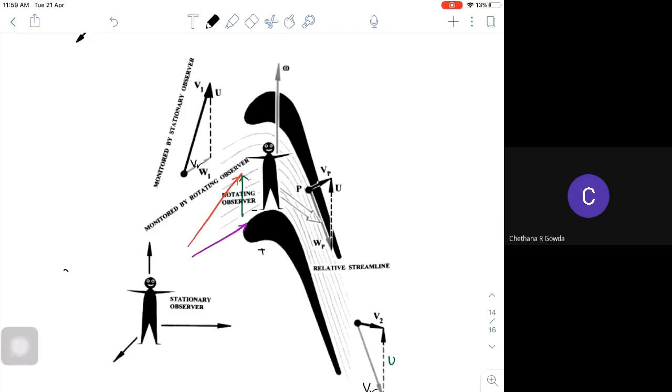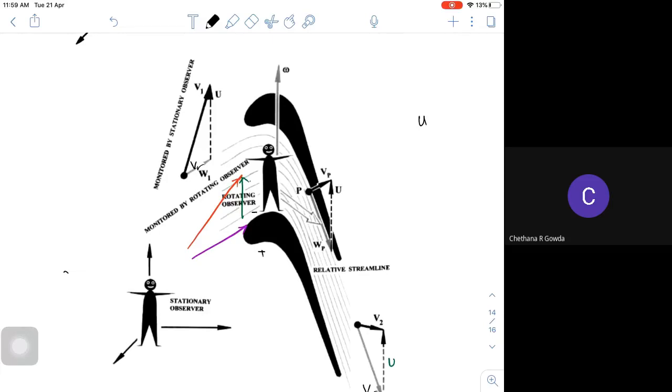He is going to feel the velocity with which the fluid is flowing. That is your relative velocity, which is the difference of, say, your blade rotating at some U, and the fluid entering at some velocity. So the difference of it is the relative velocity that the observer will feel.